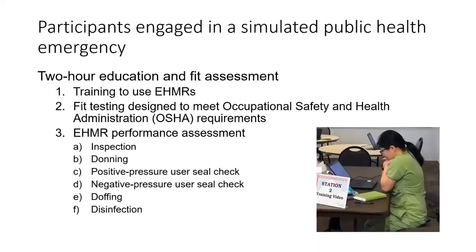For the JetFit, participants engaged in a 2-hour simulated public health emergency in which they were rapidly trained to use their respirator and fit tested. For the elastomeric group, we then assessed their performance in 6 key areas, including inspection, donning, positive pressure user seal check, negative pressure user seal check, doffing, and disinfection.